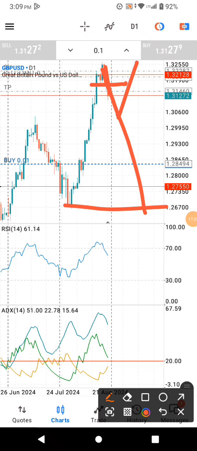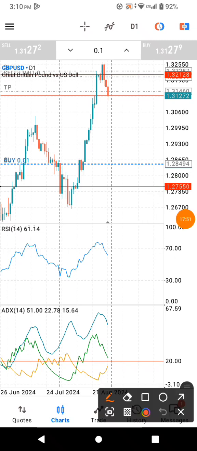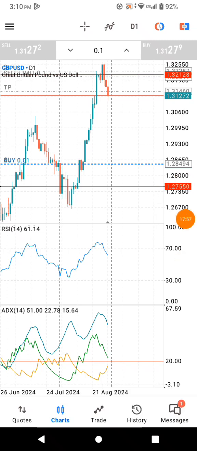Okay, so let me just explain the concept of RSI again. We are seeing on D1 where the trend is. On D1, the RSI came and entered below 70.